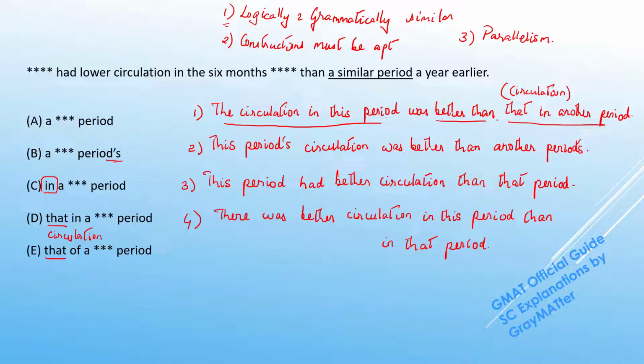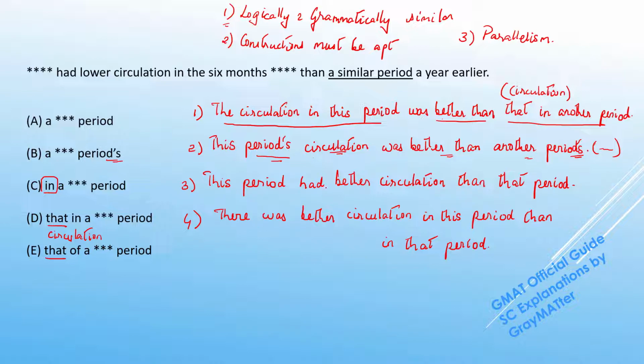So this prepositional phrase is parallel to that prepositional phrase. Now here we're writing this in possessive form. This period's circulation was better than another period's circulation. We don't have to mention the word circulation here because it's understood. So this is perfect parallel construction as well.